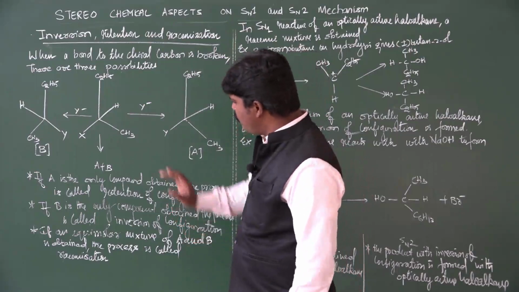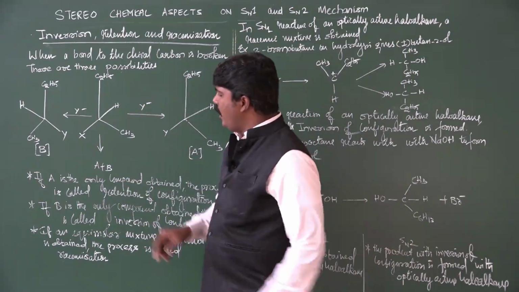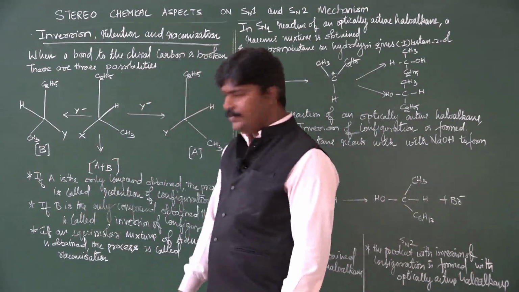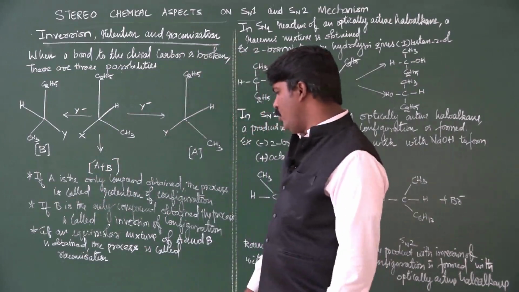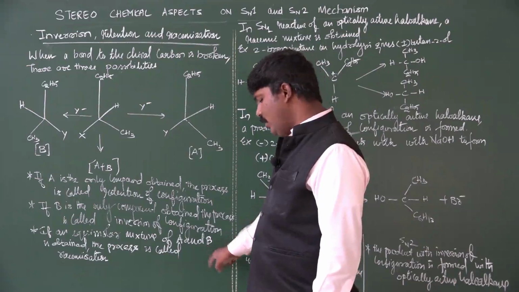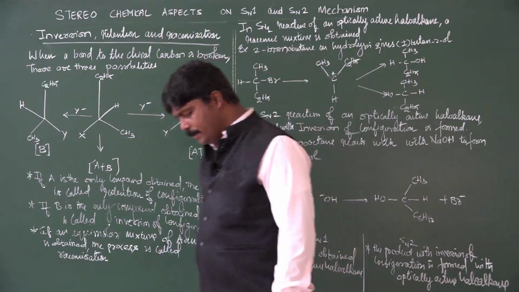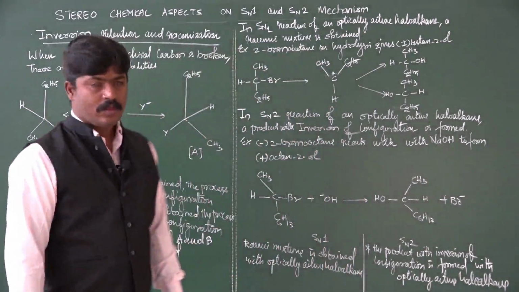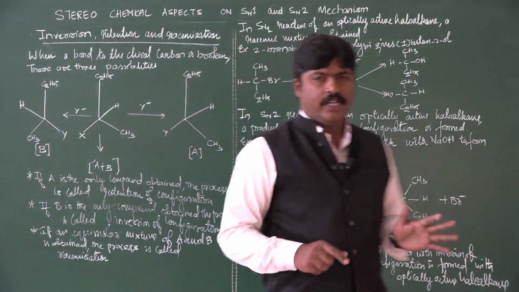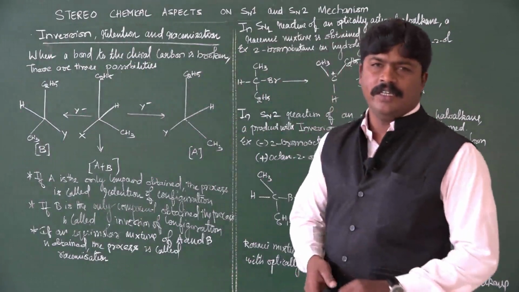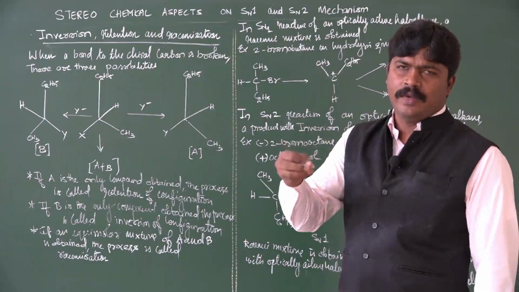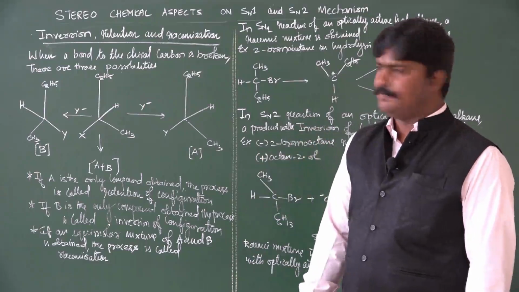Point last one. If both are equimolar, if I get a product A plus B together, that is a mixture. The third one, if an equimolar mixture of A and B is obtained, the process is called racemization. So coming to these three ideas, we now apply these three: retention, inversion and racemization on an optically active haloalkane which undergoes SN1 and SN2 mechanism.